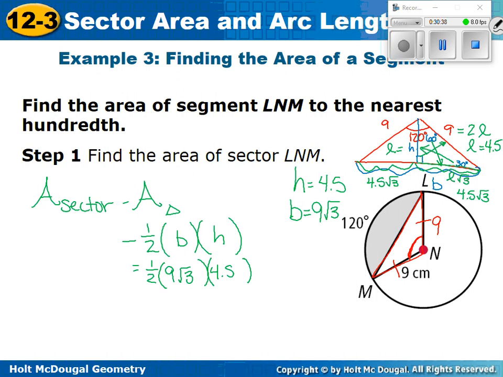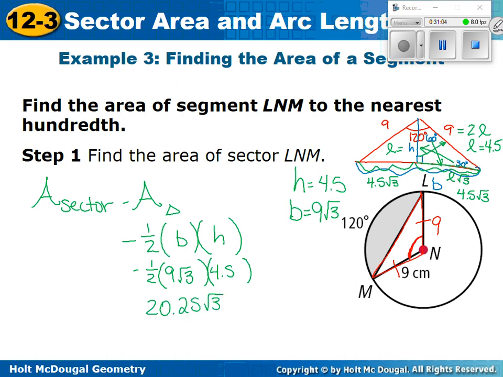Calculators, calculate it up. It's 1/2 of 9 times 4.5. Come on, guys. 0.5 times 9 times 4.5. Thank you. 20.25 square roots of 3.